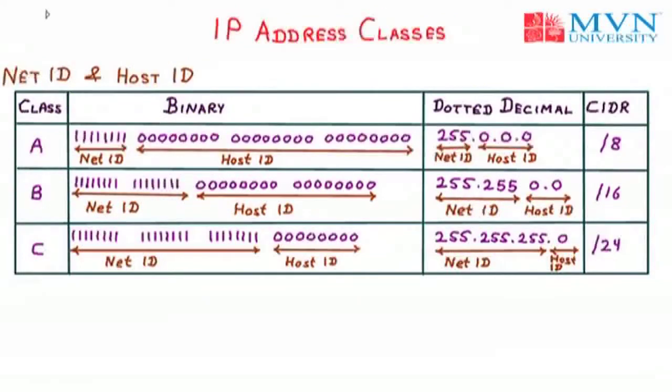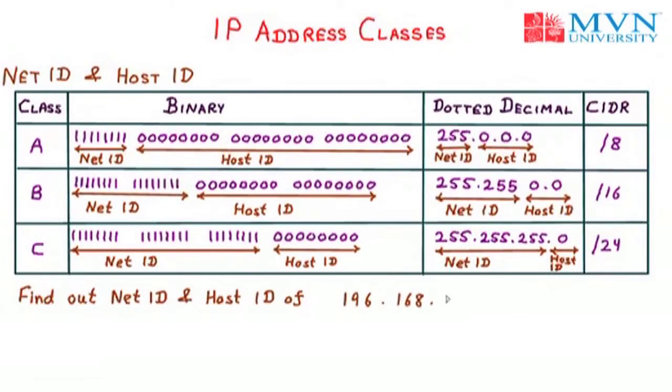So our next task is to find out the host ID and net ID of a particular IP address. For example, we have a particular IP, that is 196.168.79.15, and we have to find out the net ID and host ID of this IP. First of all, we will find out which class that IP address belongs to.